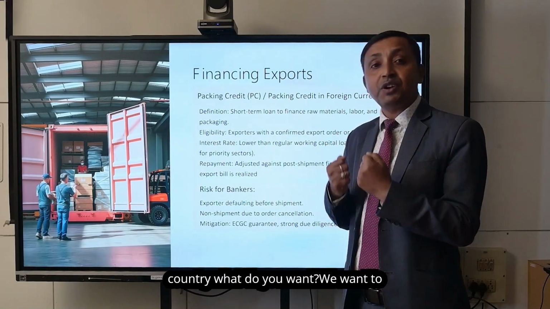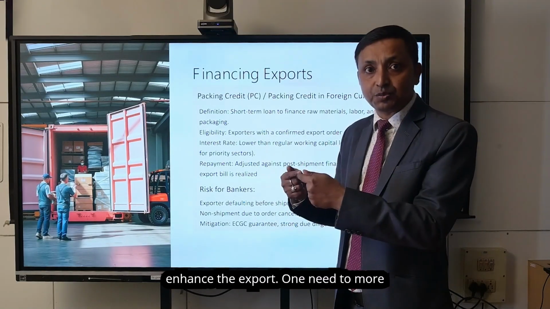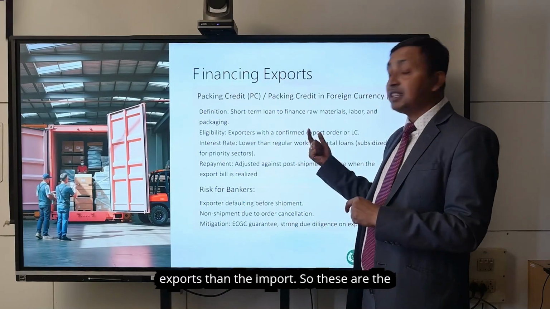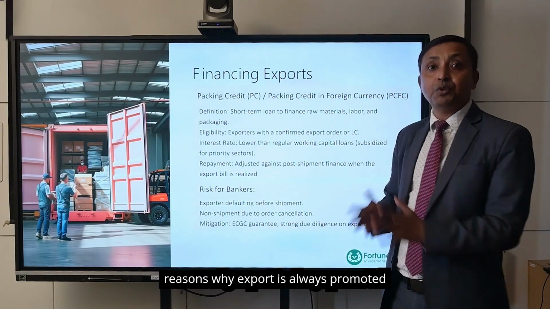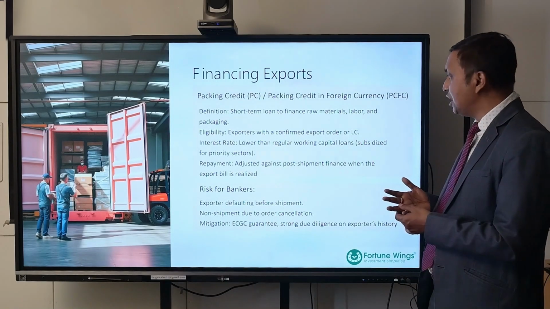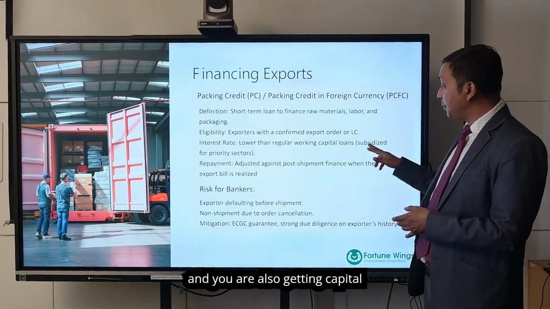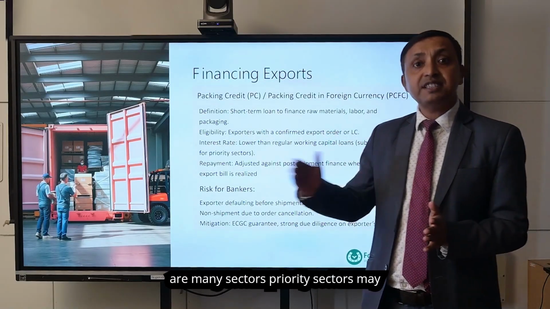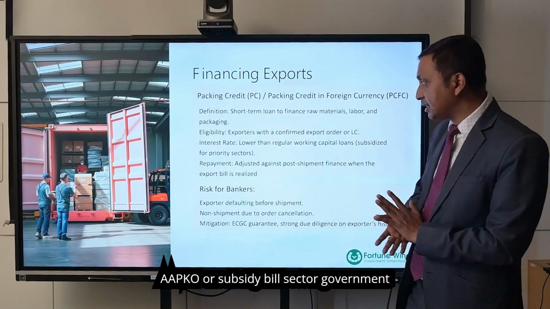So as a country, what do we want? We want to enhance the export. We need more exports than imports. So these are the reasons why export is always promoted by the banks or by the government, and you are also getting capital subsidized for priority sectors. There are many priority sectors where you can get more subsidy from the government.